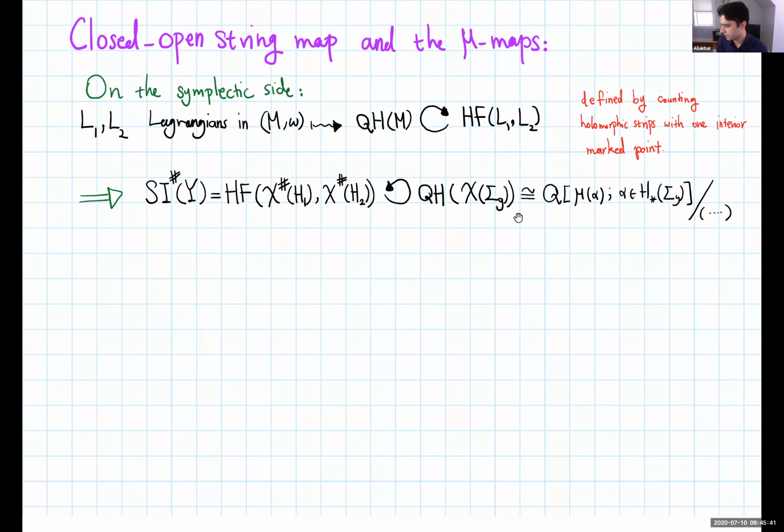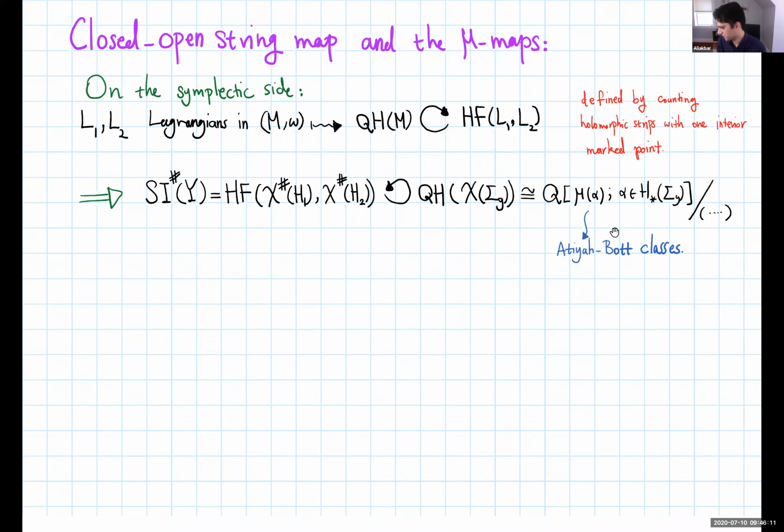This guy, at least when we work over complex coefficients, has a very nice description. In fact, there's a set of generators for the quantum homology, which are coming from the homology of sigma g. Once you pick some element in the homology of sigma g, there's a standard construction that you can apply and get some element of the homology of this space, which is called mu of alpha.